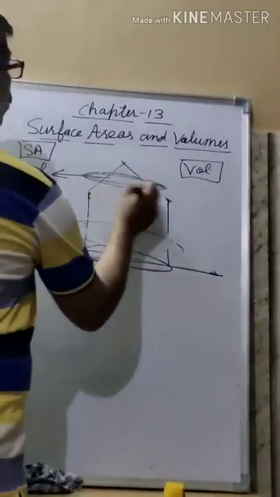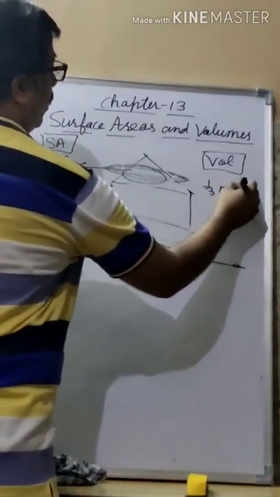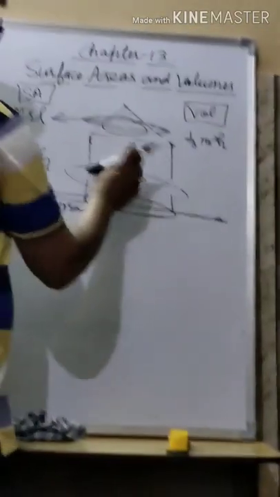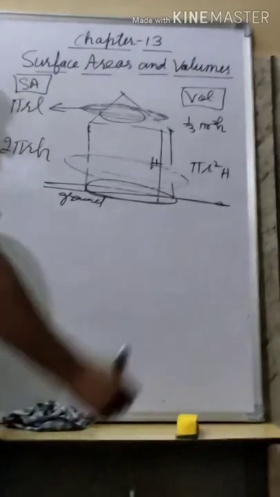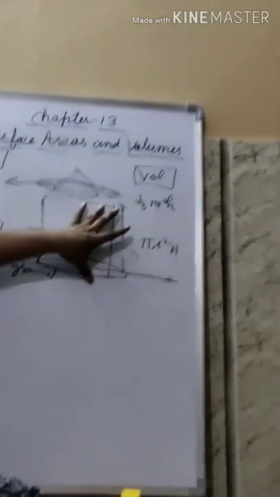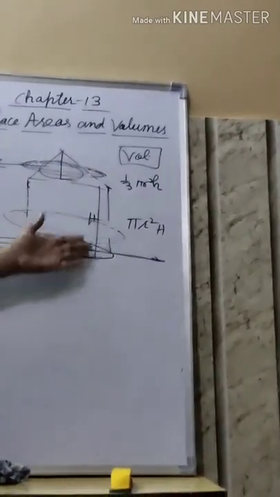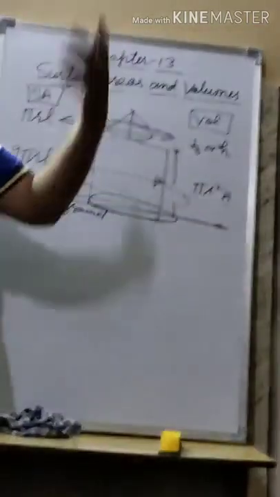Volume of the conical part is 1 by 3 pi r square h, and the volume of the cylindrical part is pi r square h, because the height of the cylinder is different and the height of the cone is different. Volume of the conical part plus volume of the cylindrical part, you find out, then add, and you will get this.